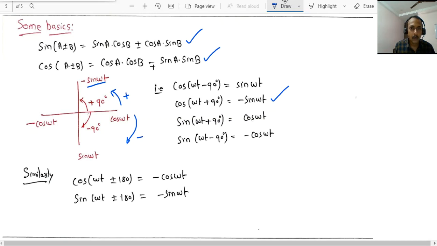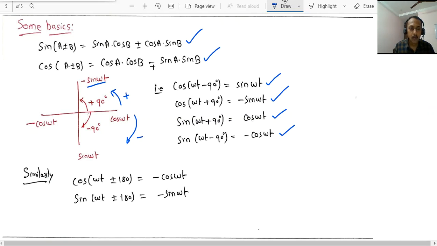Similarly, sin omega t plus 90 degrees is cos omega t. Sin omega t minus 90 degrees is minus cos omega t.